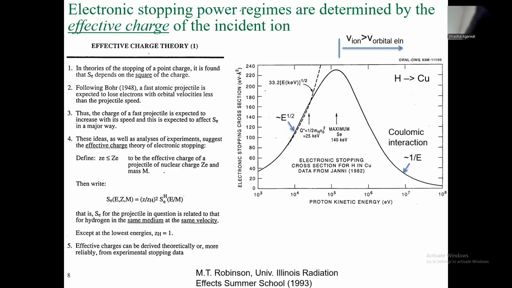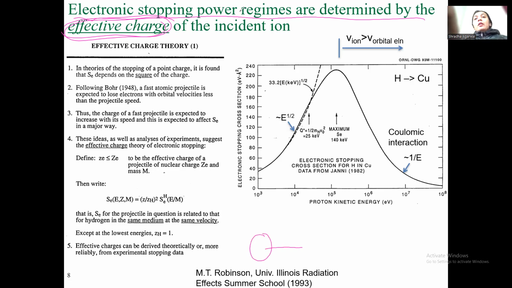The topic is that electronic stopping power is determined by the effective charge of the incident ion. And I've been saying that the charge changes as the incident ion velocity changes, right?